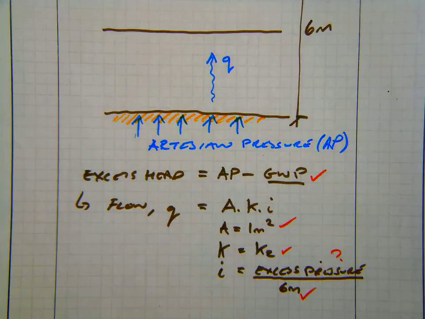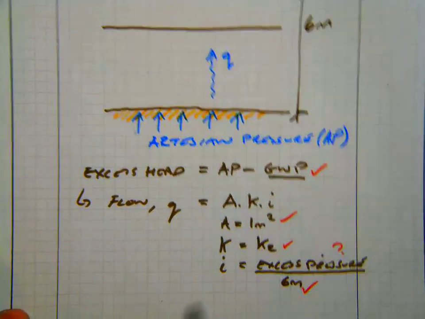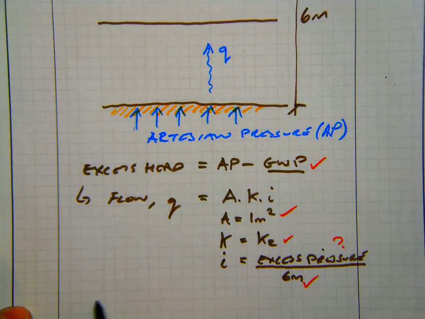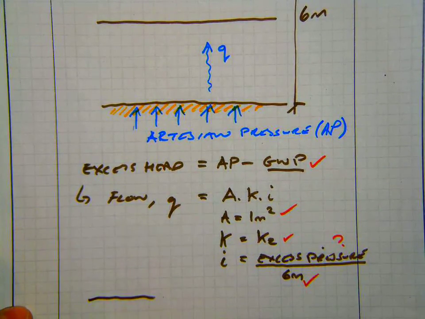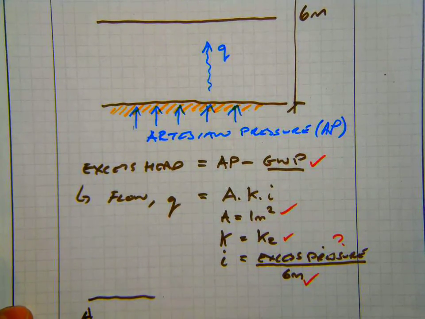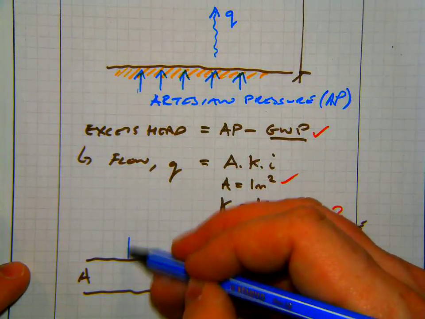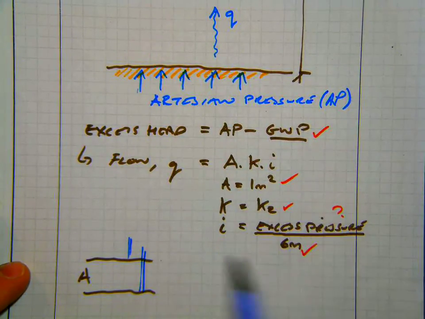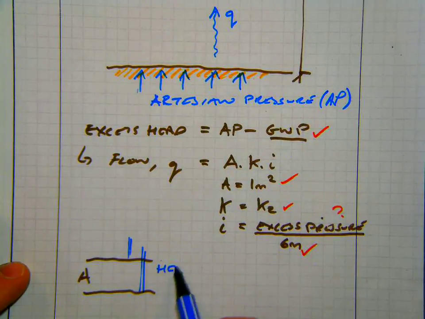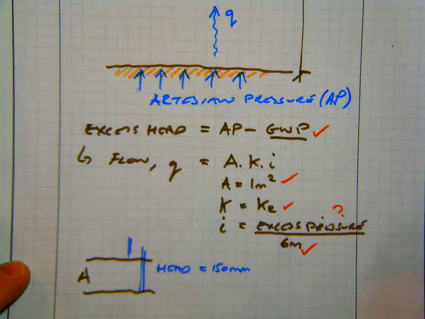What we do know, though, or what we're told in the problem, is that we are given a bit more information specifically about soil A. We're told that the head difference across this, if we were to imagine a piezometer at the top and at the bottom, is 150 millimeters across that strata, which was 1 meter thick.